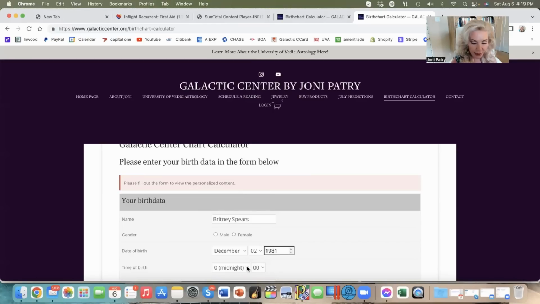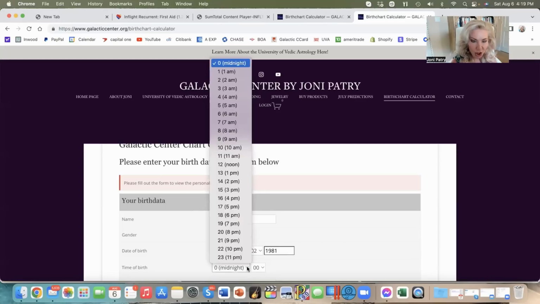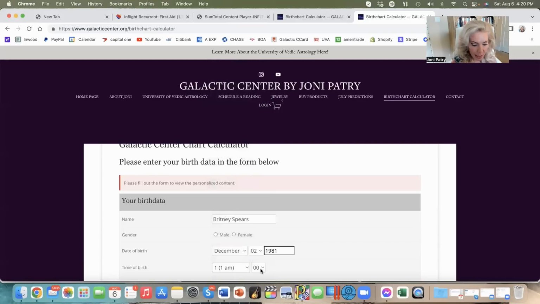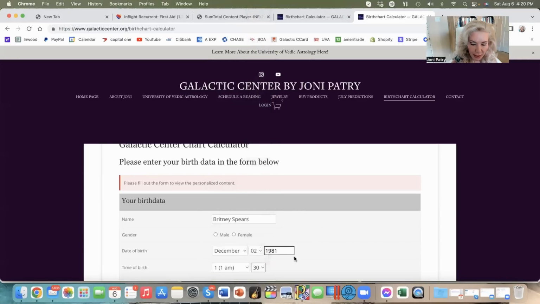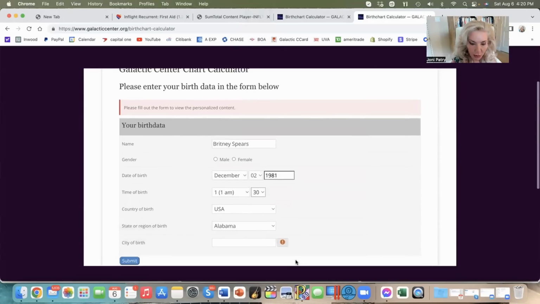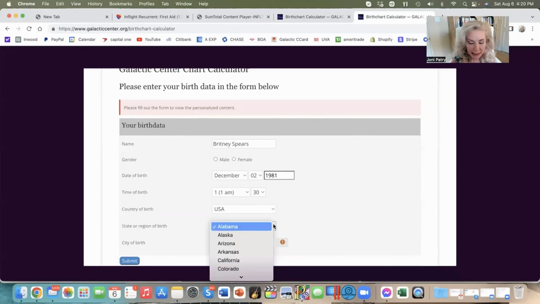Now here for the time, you click on that. She was born at 1:30 a.m. right here. It's clear as day, 1:30 a.m. And the minutes there were 30 minutes. Oops, there, 30 minutes right there. And then you can scroll down. She was born in the United States in the state of Mississippi.